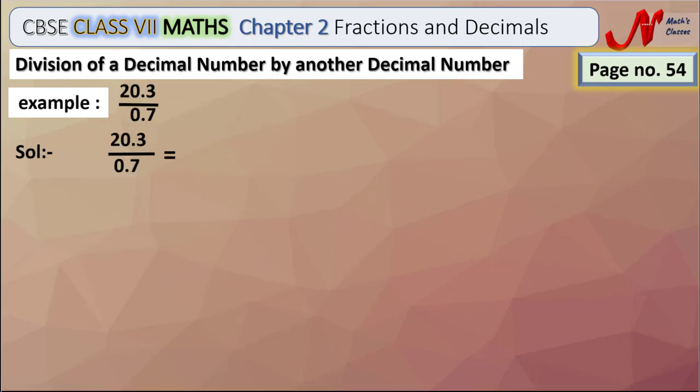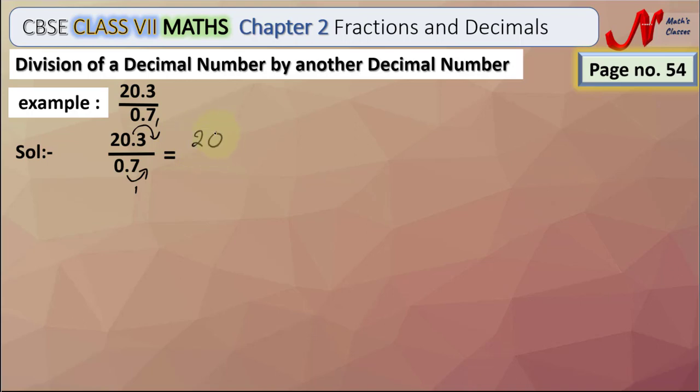From the above example problems, we can solve the division of decimal numbers by another decimal number in a simple way. Here is an example: 20.3 by 0.7. This can be solved in this way also. This is done by shifting the decimal point to the right by one place in the denominator. Similarly, we shift the decimal point to the right by one place in the numerator also.